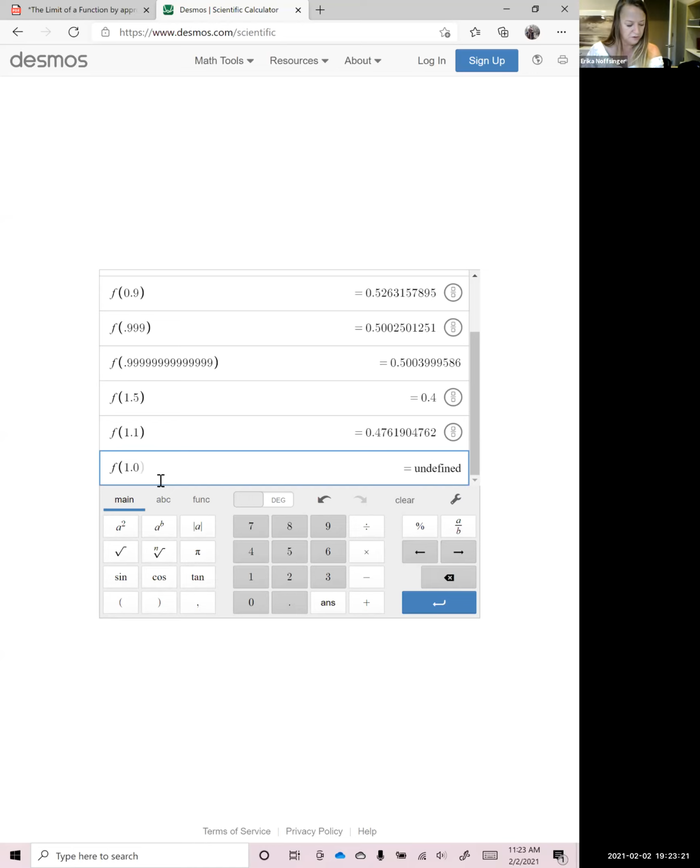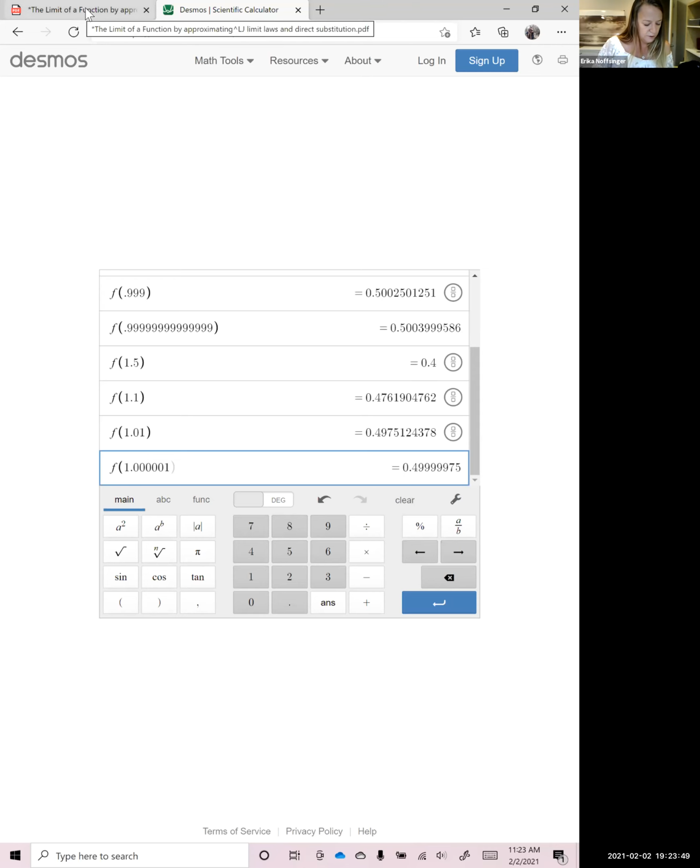How about 1.01? That's even closer, and that y value is 0.4975. Let's add a little more zeros after the decimal before the 1. Okay, and again, notice that this is getting closer and closer to 1/2 on the right-hand side.